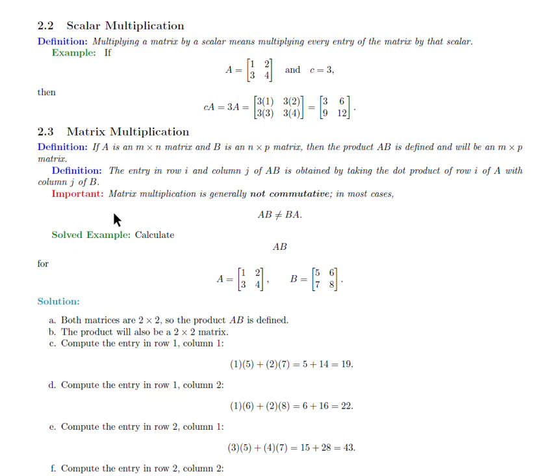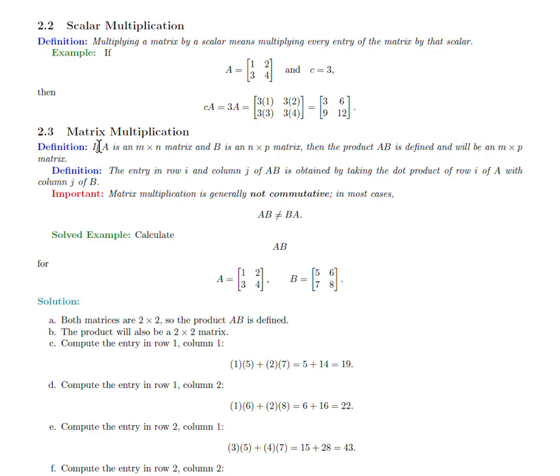Matrix multiplication. If A is an M by N matrix and B is an N by P matrix, then the product AB is defined and will be an M by P matrix.